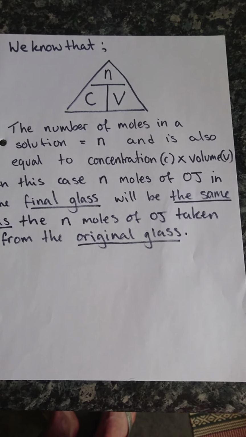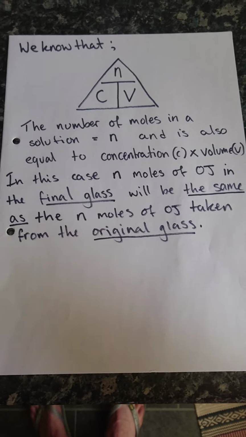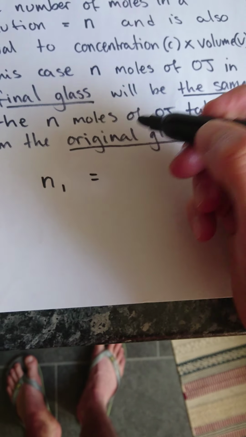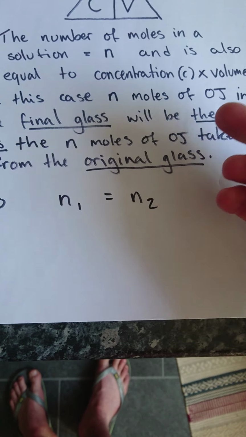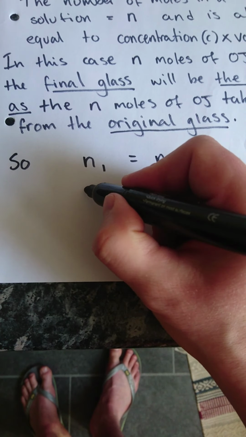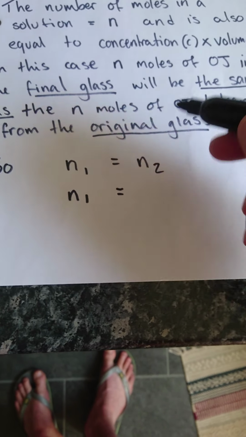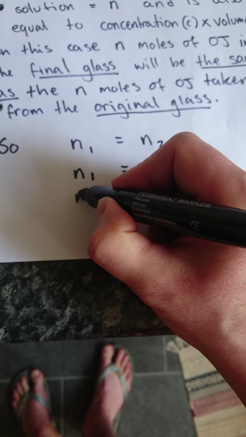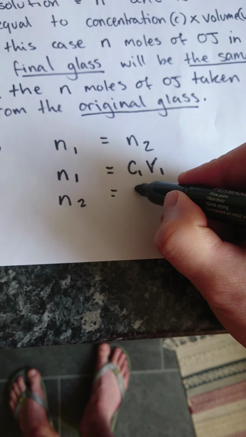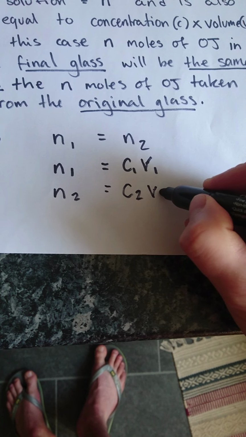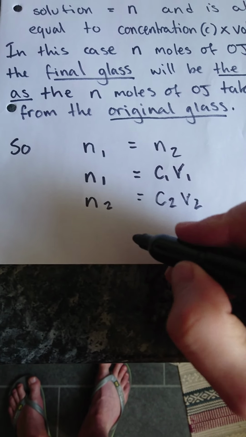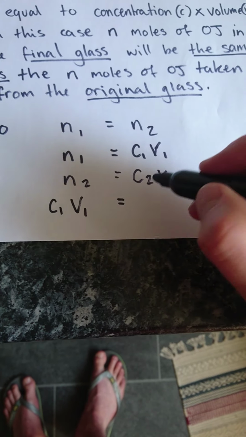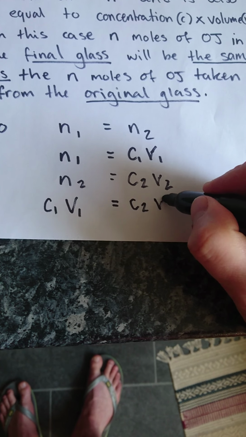So we know that the number of moles in solution 1 is equal to the number of moles in solution 2, and that the number of moles in 1 is equal to the concentration of 1 times the volume of 1, and the number of moles in 2 is equal to the concentration of 2 times the volume of 2.